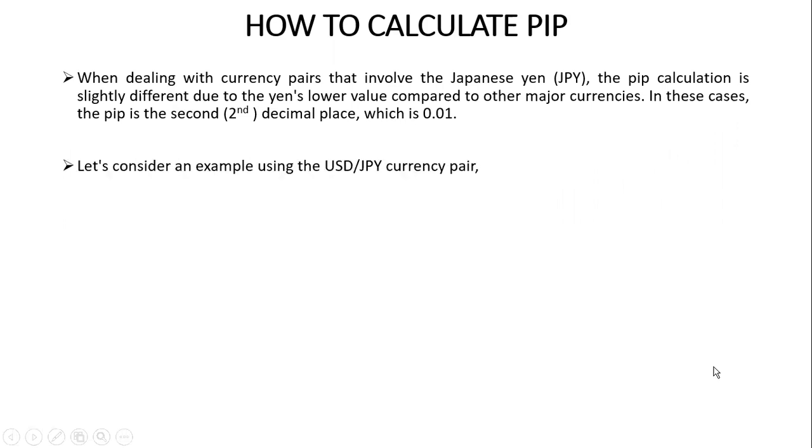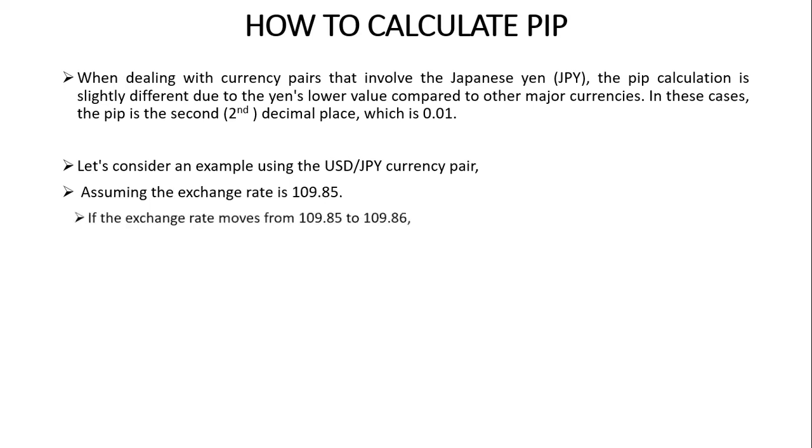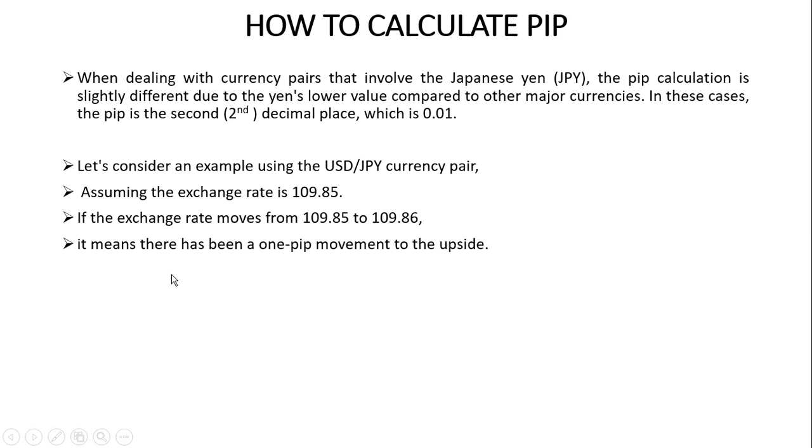Now let's consider an example using the United States dollar versus Japanese yen pair. So assume the exchange rate is 109.85. If the exchange rate moves from 109.85 to 109.86, it means there has been 1 pip movement to the upside.